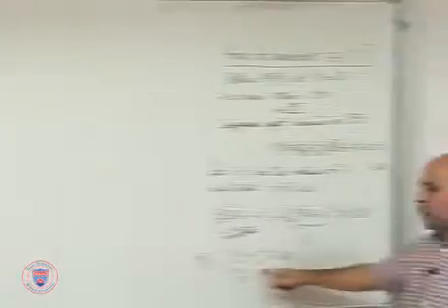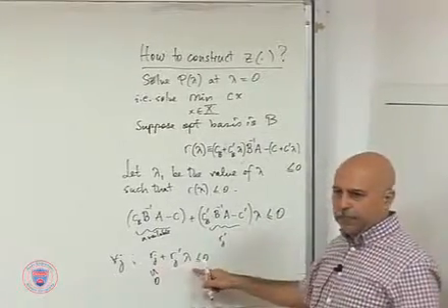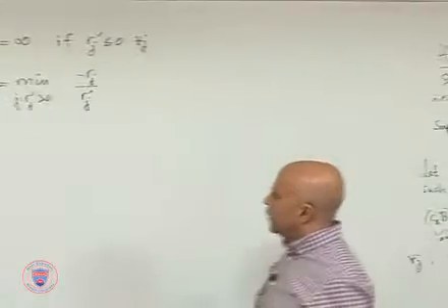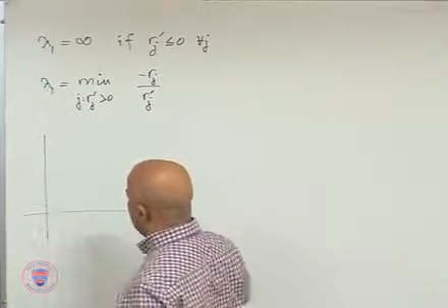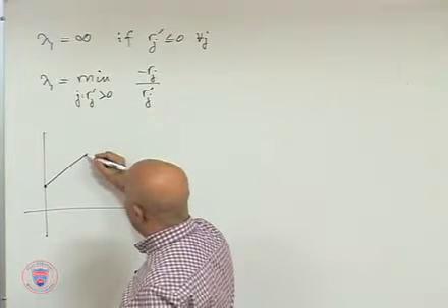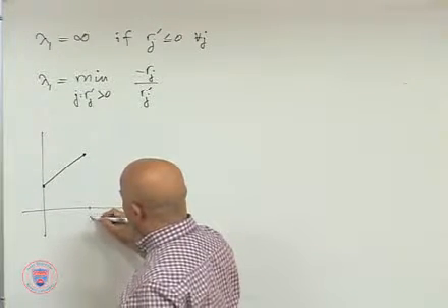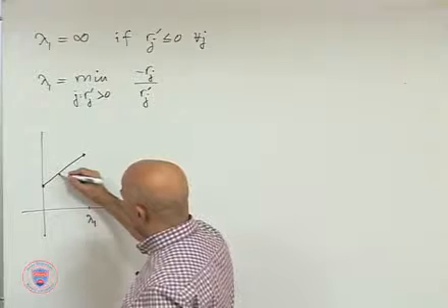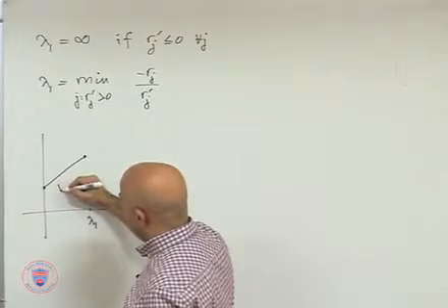Right, whenever Rj prime is positive, this is going up. Okay? So you begin here and you continue for a while until lambda 1 with the same basis.